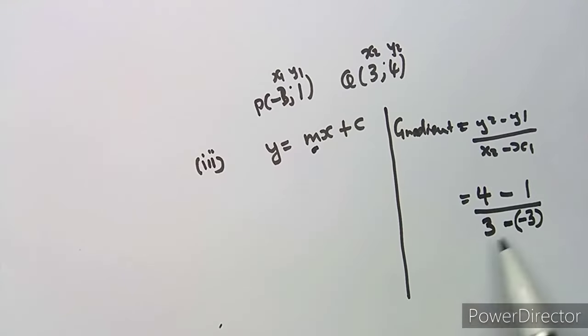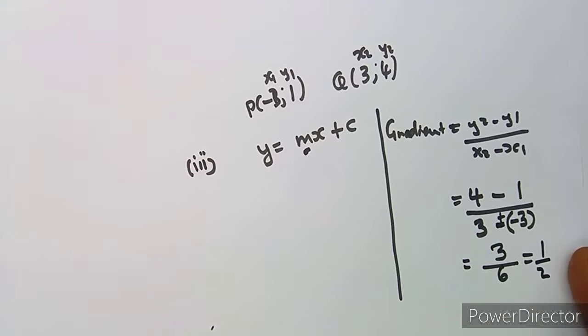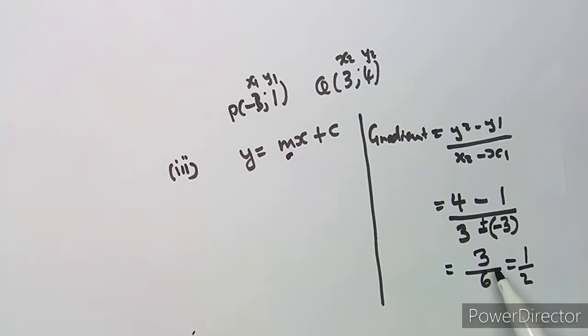Now simplifying further on your calculator, guys, this gives you 3 over, that's minus and minus, which is a plus, 6, which is 1 over 2. I believe your calculators give you the best answers. Is it what you're going to have, guys? 4 minus 1 is 3, and 3 minus -3 is 6.